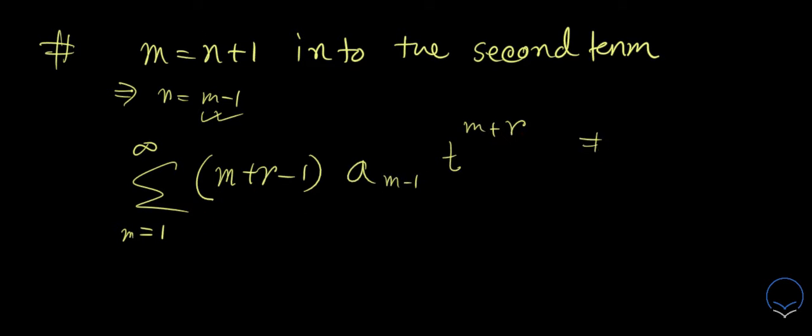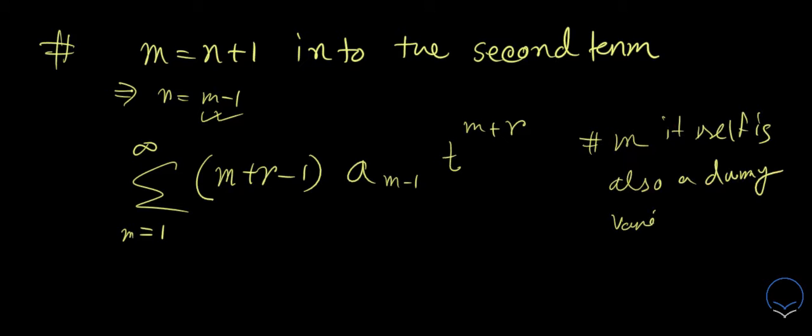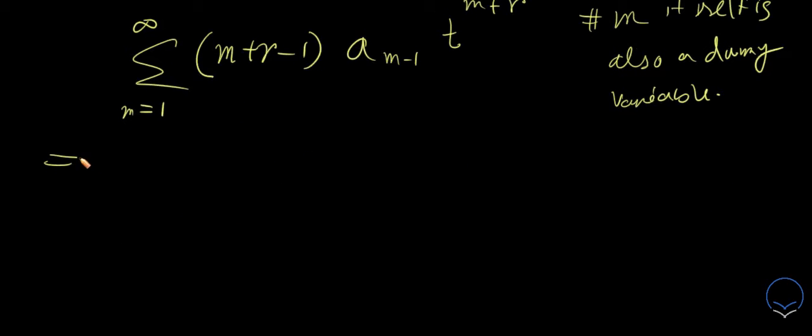But m itself is also a dummy variable. So to keep things consistent, we are going to just replace m with n's.